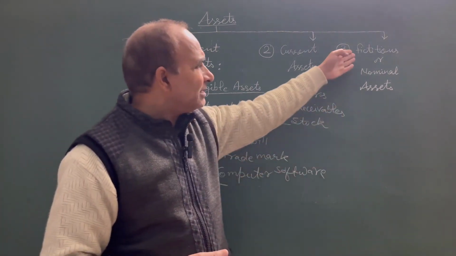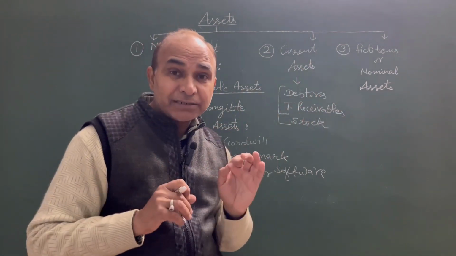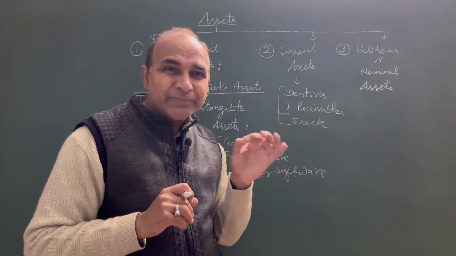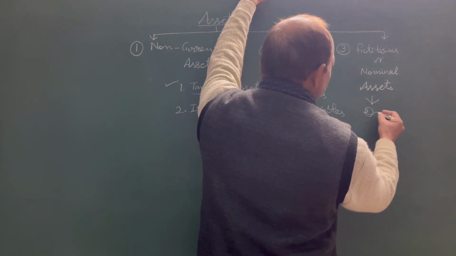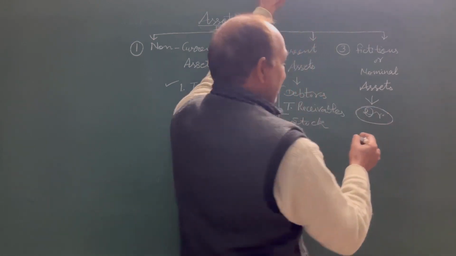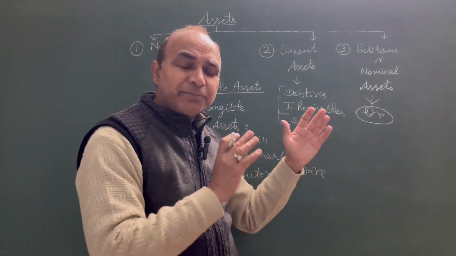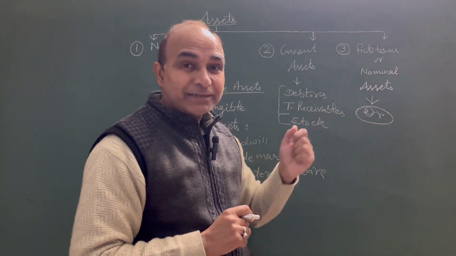But actually, in simple language, these are not assets, but they are considered as assets because they have a debit balance. Due to their nature only, they have a debit balance. When you understand accounting and the complete accounting process, you will understand this debit or credit balance.